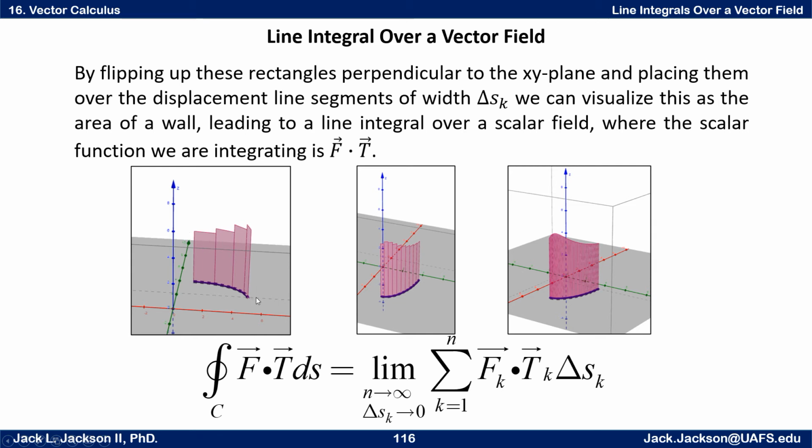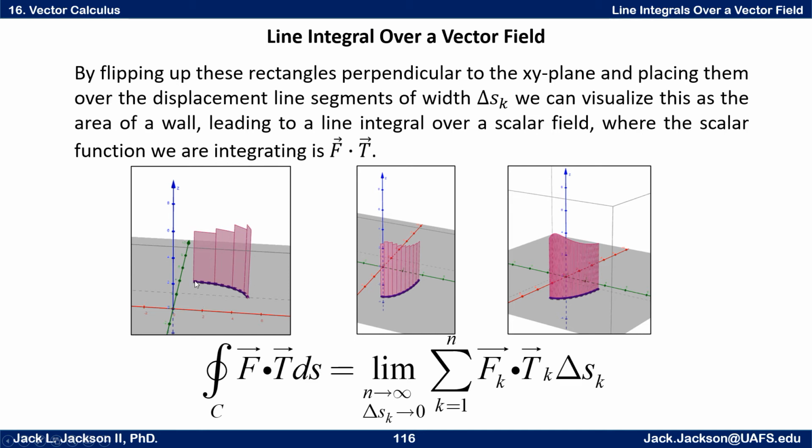Okay, and if you do this, now we're interpreting this the same way we did the line integral of a scalar function. Scalar field, okay, not a vector field. So the scalar function that we're integrating is f dot t.